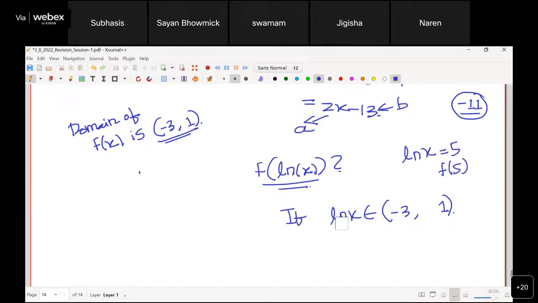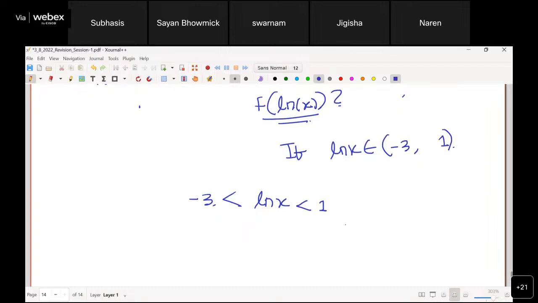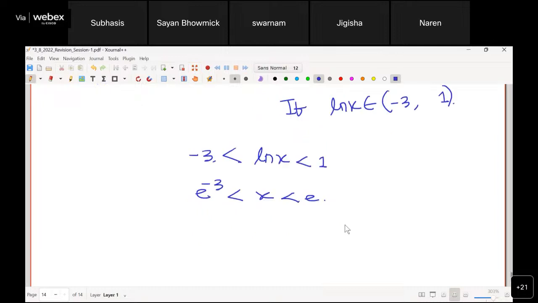So we want ln x to be between -3 and 1. Now you take e power: e power -3 and e power 1. Clear, right? Yes, clear.